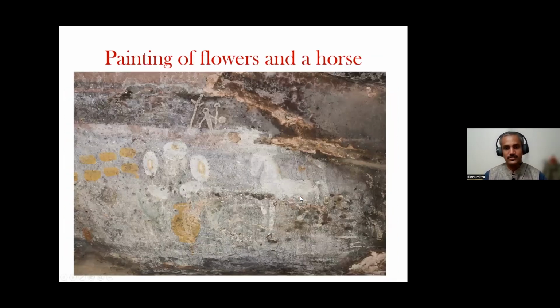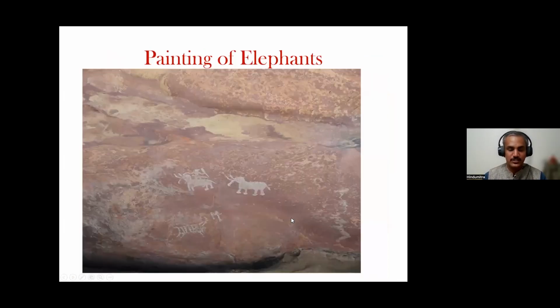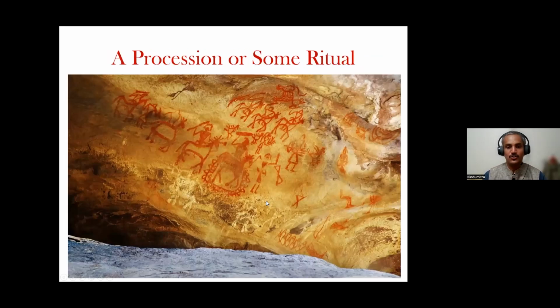In addition, there are horse paintings in a continuous pattern, elephants, and a person riding an elephant. These kinds of pictures come up in Bhimbetka. As I said, this dates back to approximately 30,000 years ago, and the site has been continuously inhabited from long back, approximately 2 lakh years.